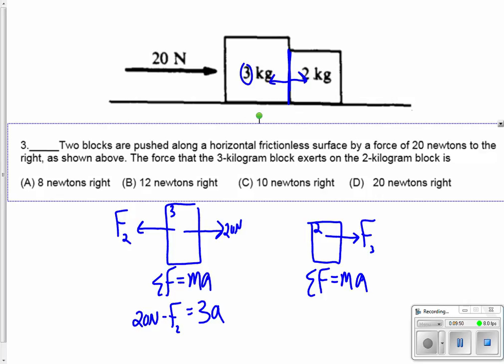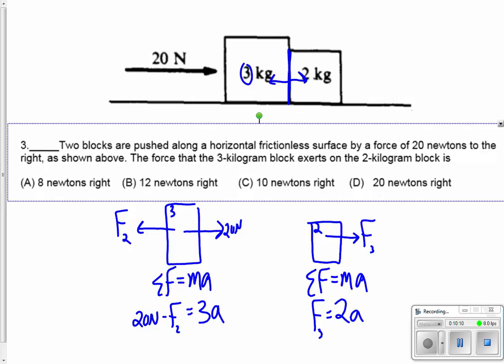Over here, the force acting from block 3 has to equal 2A. You notice this looks a lot like the last problem with the tension because it is exactly the same problem. There just happened to be a rope connecting the two blocks. In this case, it's just the two blocks pushing directly on one another.